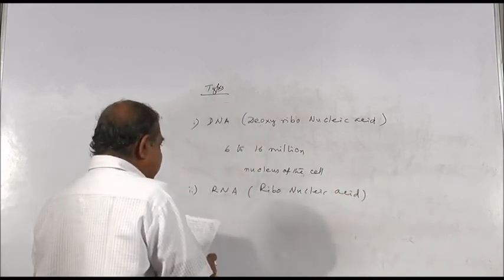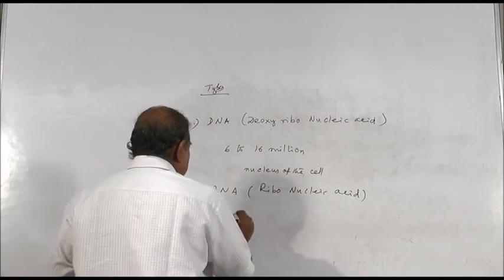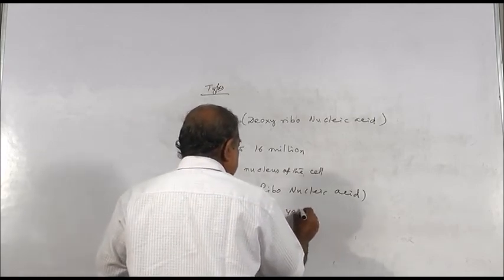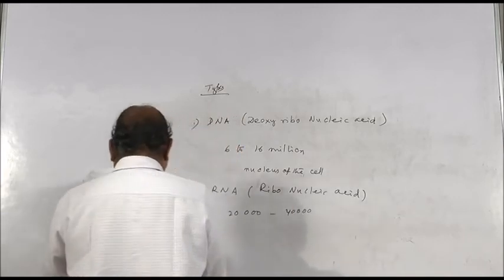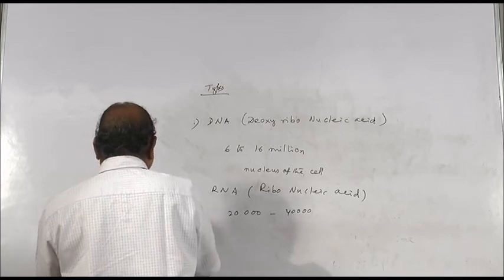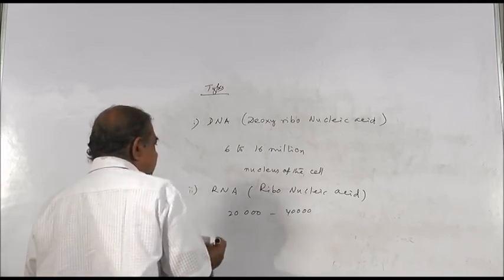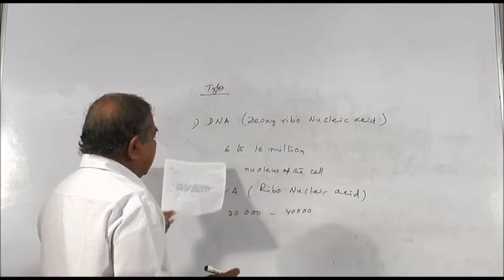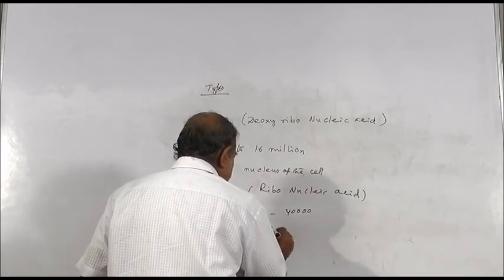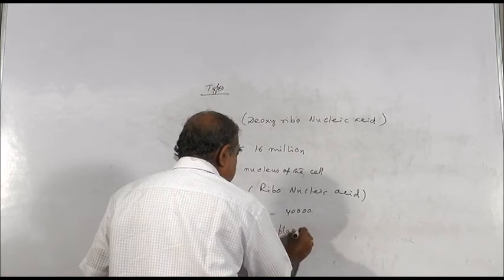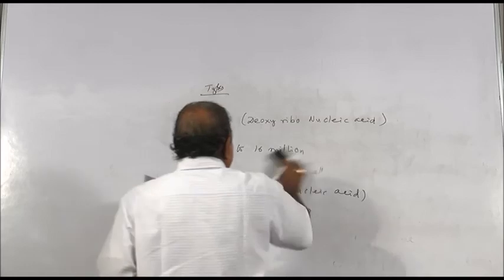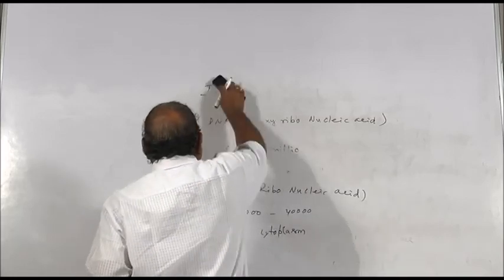These are of less molecular mass, from 20,000 to 40,000, and are found mostly outside the nucleus, that is in the cytoplasm. The RNAs are of 3 types again.